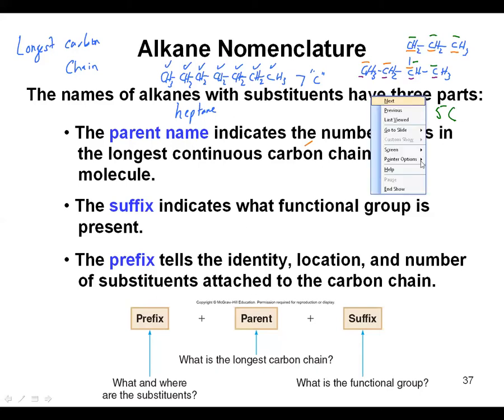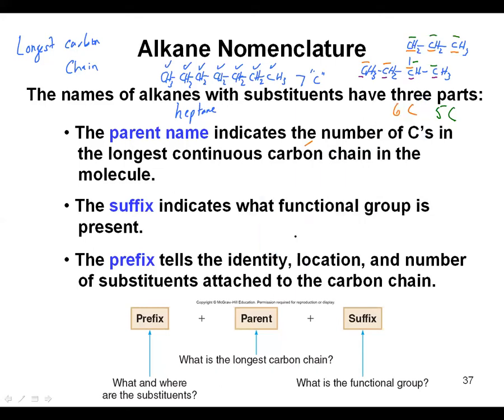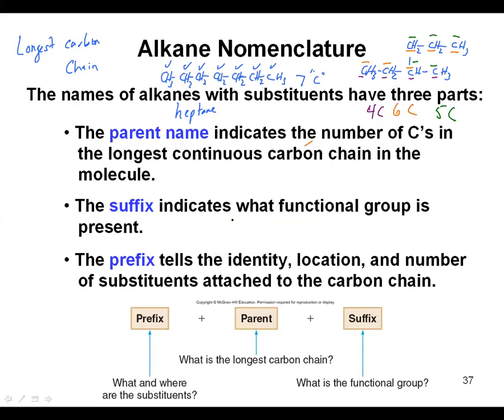So looking at all of our options, the longest continuous carbon chain is going the orange path, with 6 carbons. And again, that's going to be hexane as the base of the name.